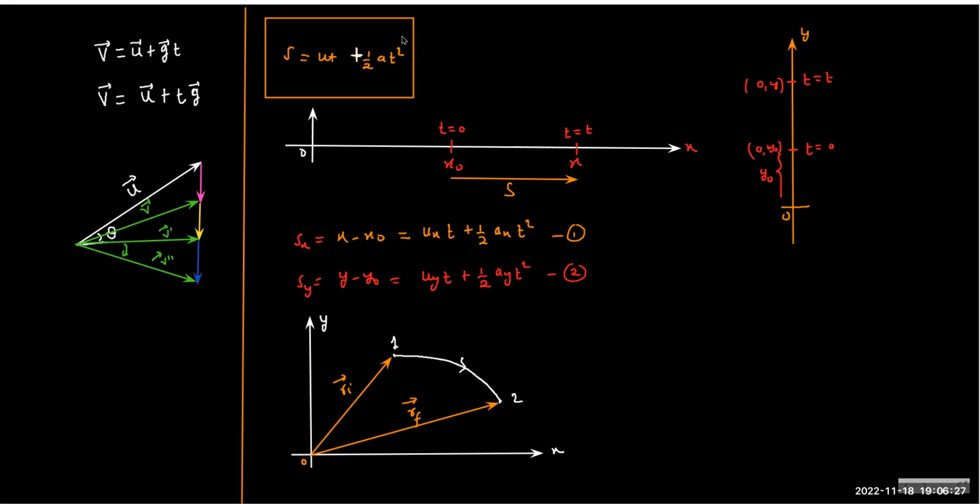And what is the displacement? The line joining the initial position to the final position in this direction. This is called displacement, and this we represent as delta R. Now do you remember delta R? Yes or no? Yes. Yes.